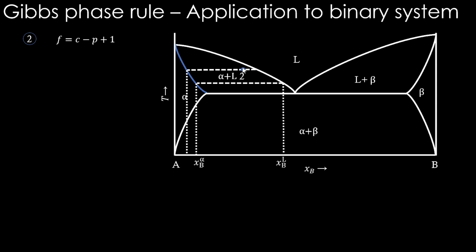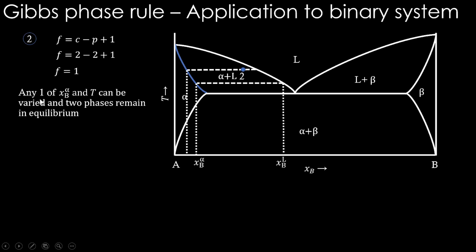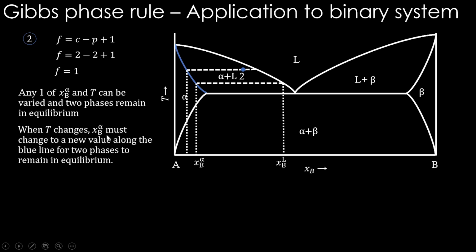So, in a two phase equilibria, if we calculate based on Gibbs phase rule, number of components 2, number of phases 2. Okay. How many degrees of freedom do we get? 1. What does it mean? Any one of these two, XB alpha and T, can be varied, and two phases remain in equilibrium. When T changes, XB alpha must change to a new value along the blue line, right?